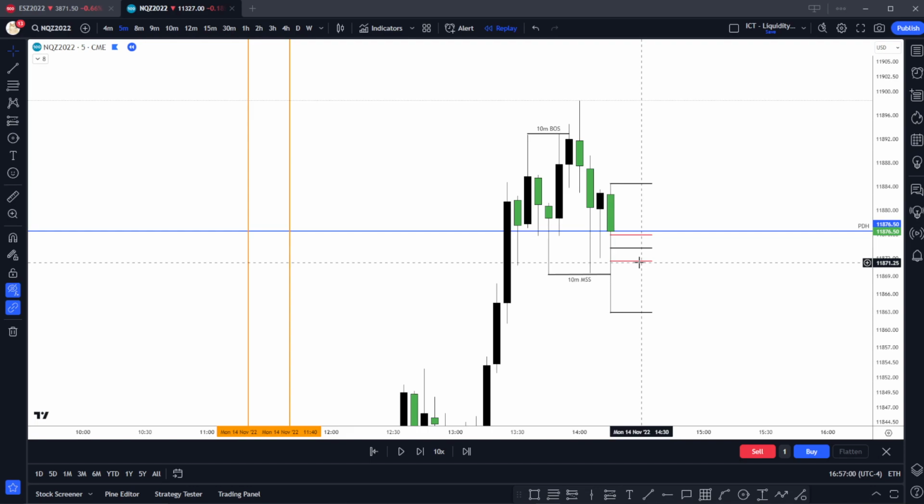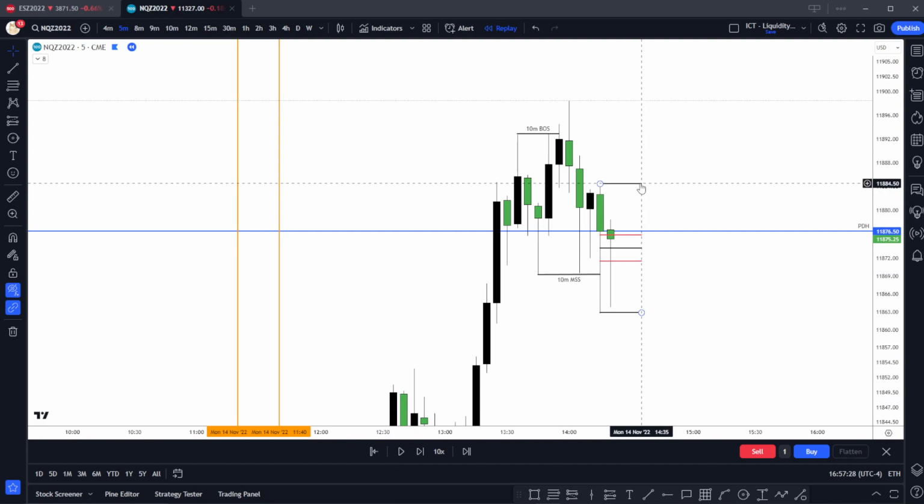I prefer this as well, because if you see a lot of tutors online that teach SMC or ICT concepts, they'll say that we want the candle body to close below this area, but honestly, I think it's a little bit foolish, really. If the candle body is exceeding like 60% of its own range, it should be a strong market structure shift.